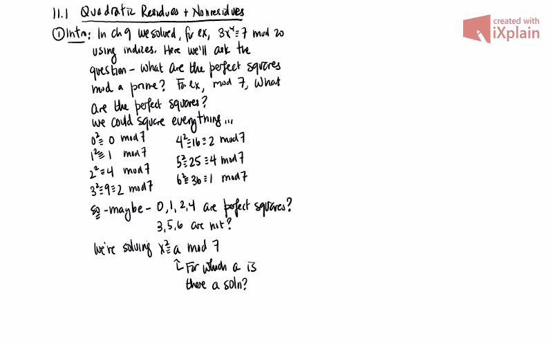So what we'll do next is we'll define all the definitions associated, and we'll do some counting. That'll be the first part. So this is when we get into number 2. So this is quadratic residues and non-residues, and we'll say definition and counting.